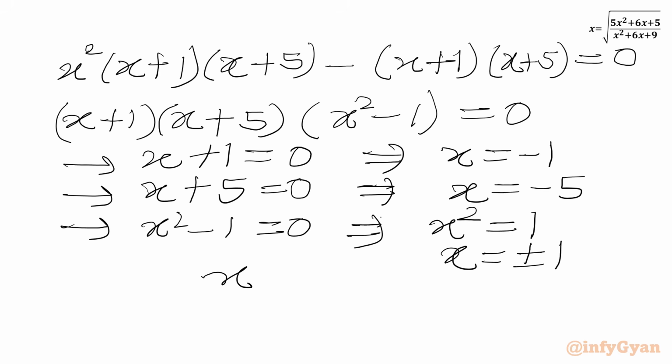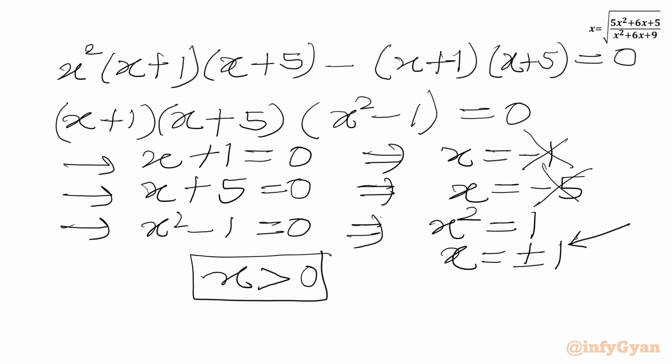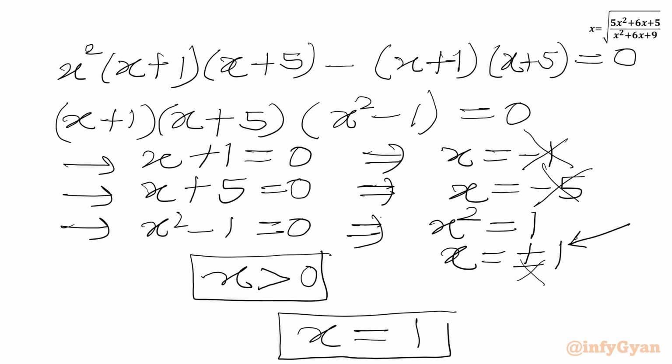And our condition on x is x should be positive. So we have to accept only plus 1. Minus solutions will be rejected. So we can write x equal to 1 will be the only real solution.